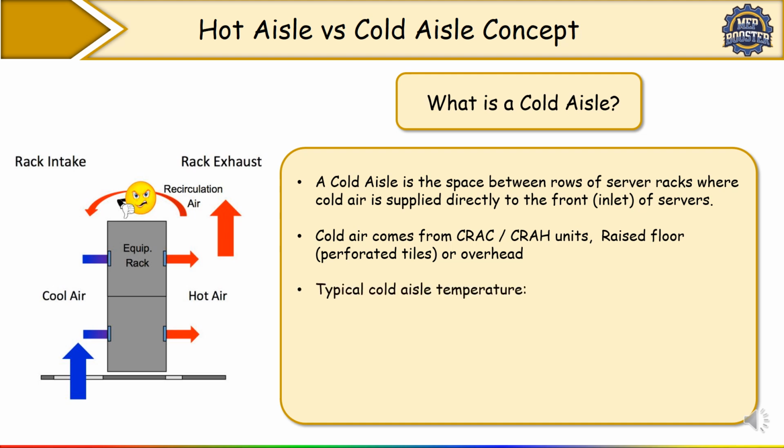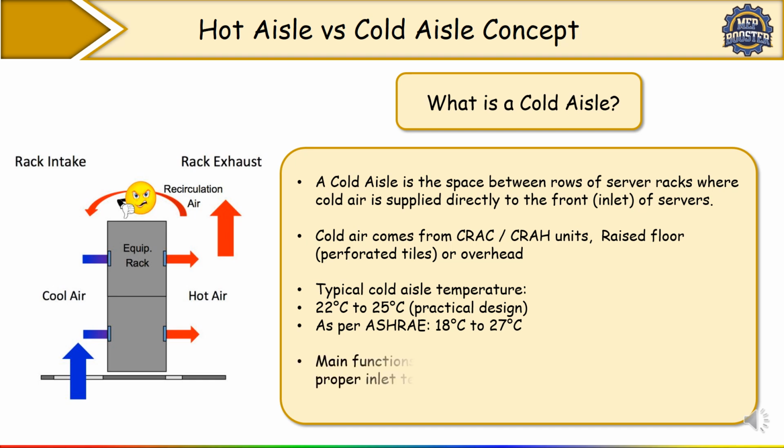Now here the typical cold aisle temperature is written: the typical practical range is 22 to 25 degrees Celsius. And as per ASHRAE guidelines, the temperature range is 18 to 27 degrees Celsius. This range ensures safe operation of servers and energy efficient cooling. Okay. So the main function of the cold aisle is to supply cold air to servers, maintain proper inlet temperature and prevent overheating.